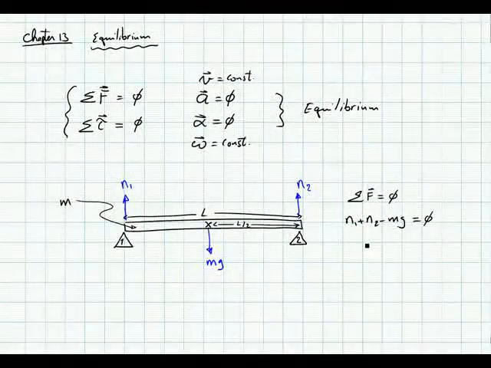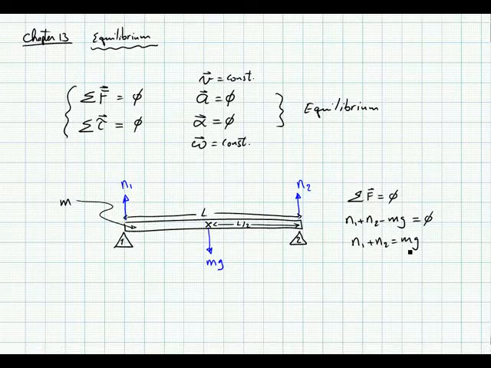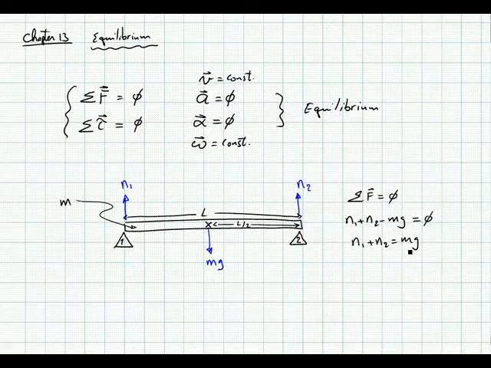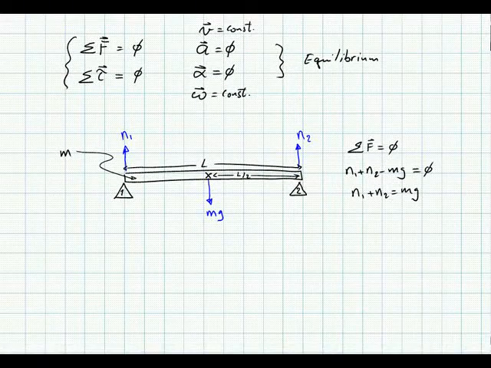That's equal to 0, which means that N1 plus N2 is equal to mg. Now we have two unknowns here, N1 and N2, and only one equation, so technically we cannot solve it. Intuitively, of course, you know that N1 must equal N2, but there are circumstances where you cannot make that assumption.